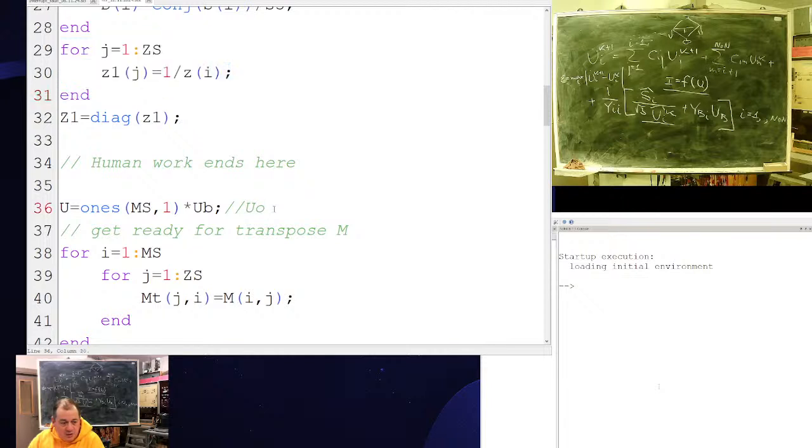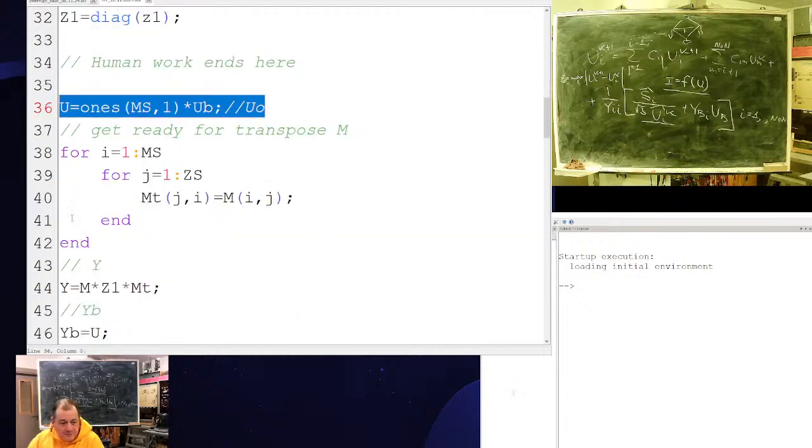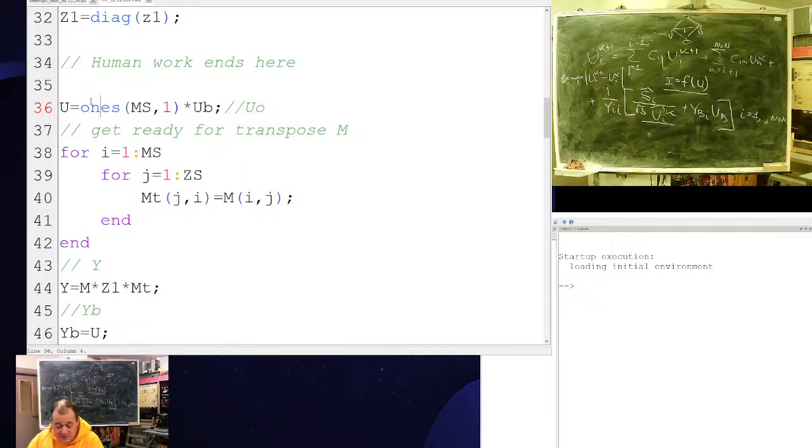This one, in computer language, is: please create for me a vector with one column and rows as number of nodes of ones and multiply it for me by base node voltage. But where is the idea?